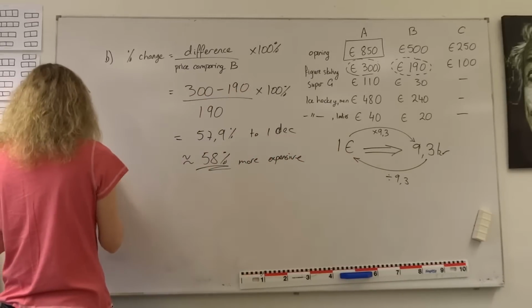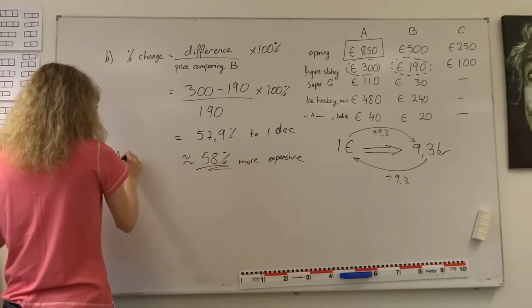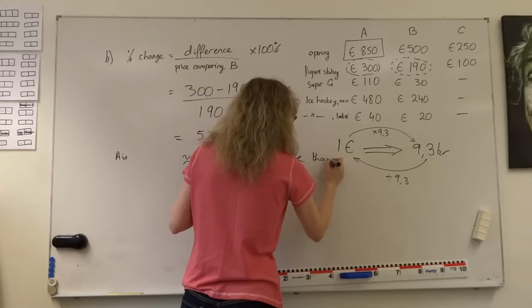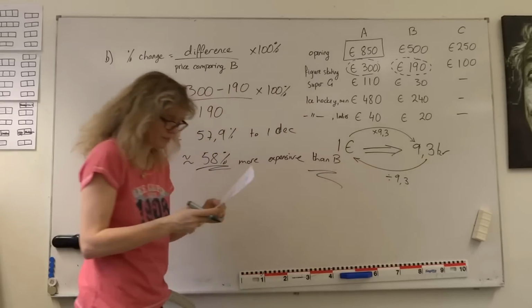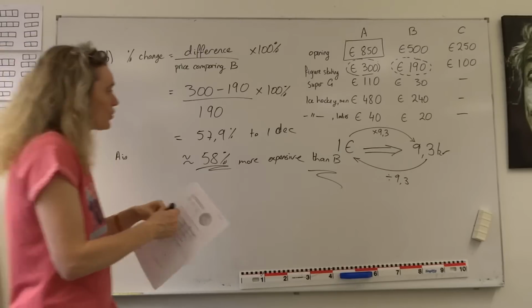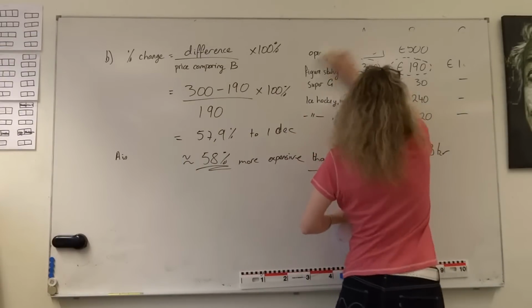So don't forget to answer the question. A is 58% more expensive than B. Okay, and then that's finished with, we don't need the table anymore.